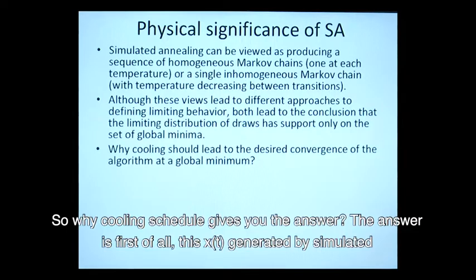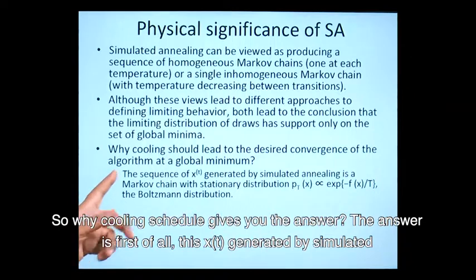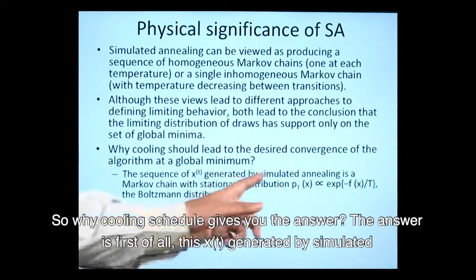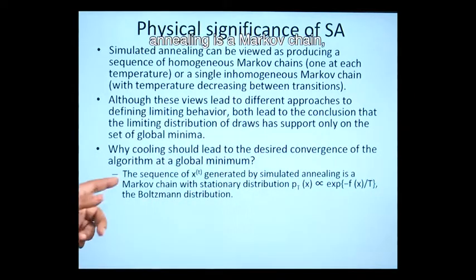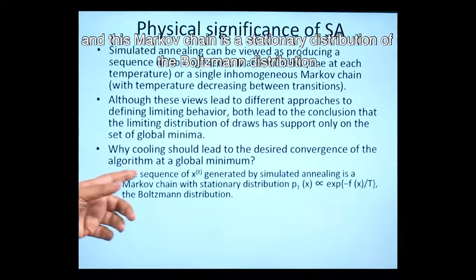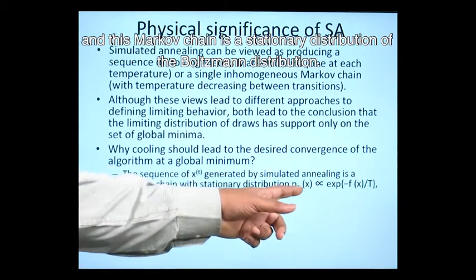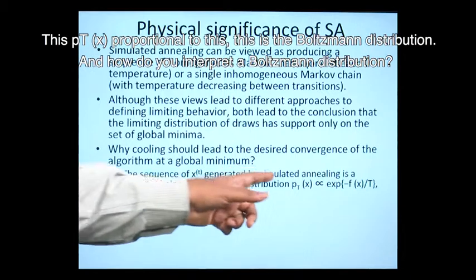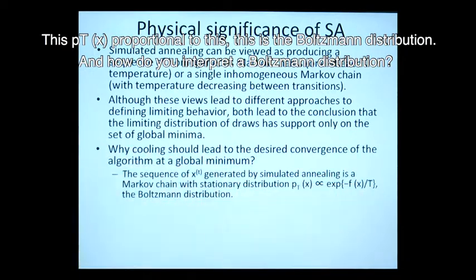So, that is the basic idea of the Metropolis-Hastings algorithm, and in fact that is practically what is happening here. So, why does the cooling schedule give you the answer? First of all, this x t generated by simulated annealing is a Markov chain, and this Markov chain has the Boltzmann distribution as its stationary distribution. This P t x proportional to this is the Boltzmann distribution. And how do you interpret a Boltzmann distribution?